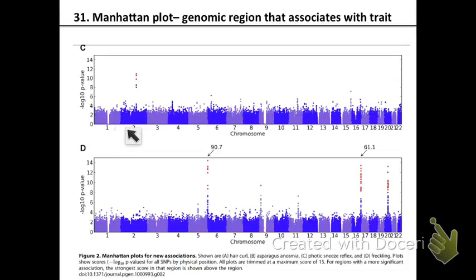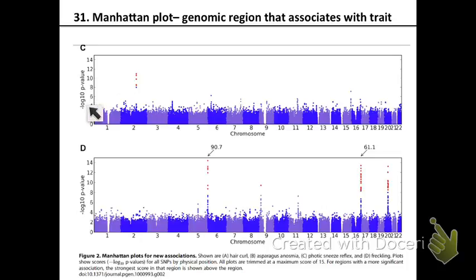So chromosome 1, 2, etc. And each of these dots is a SNP location that was tested, all right? And on the y-axis, you have a p-value, which is basically an estimation of how well a certain SNP is correlating with the disease, okay?